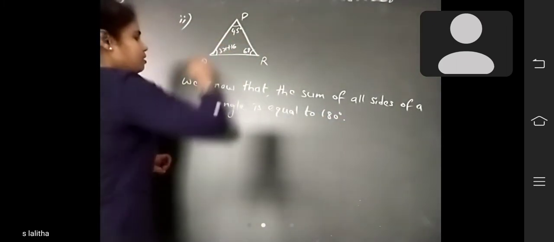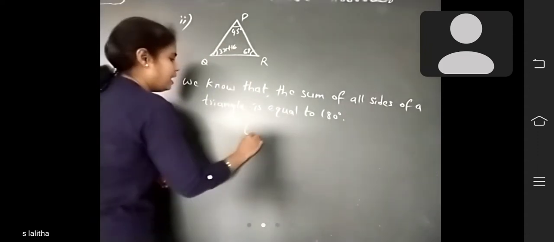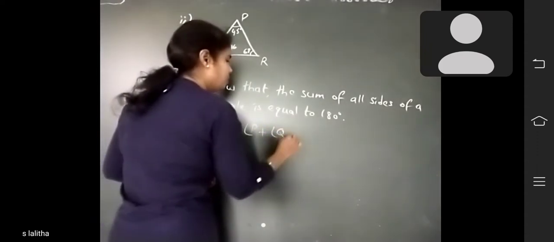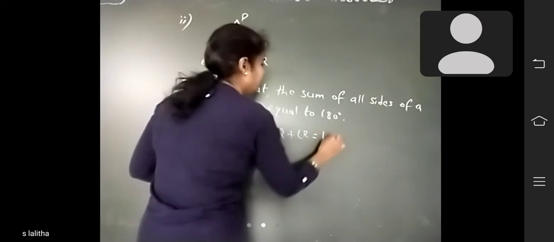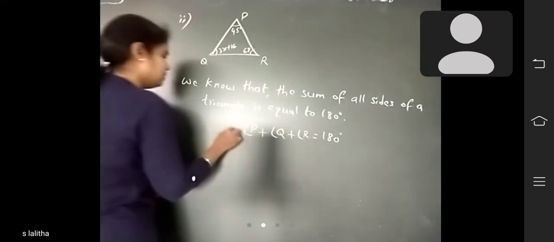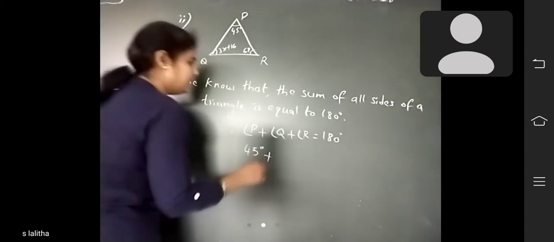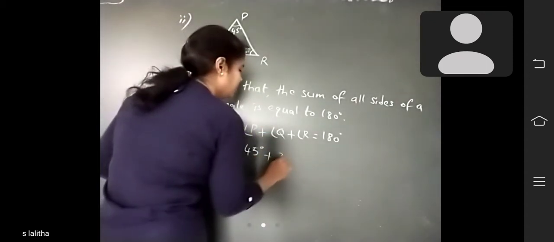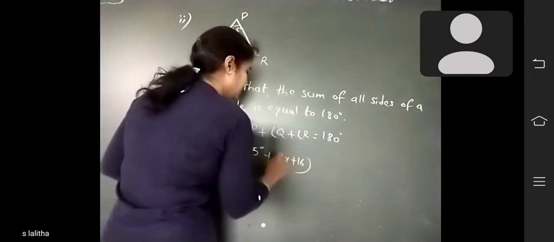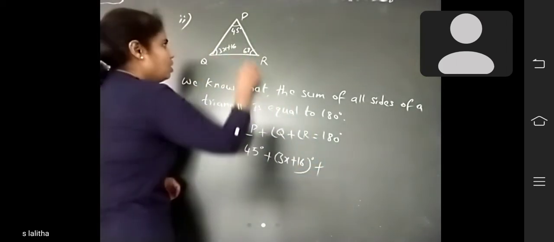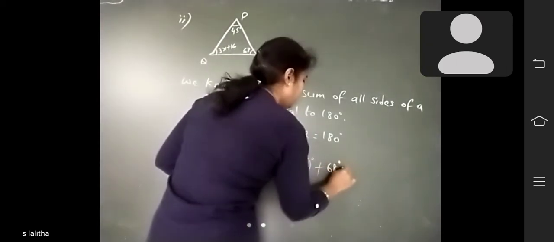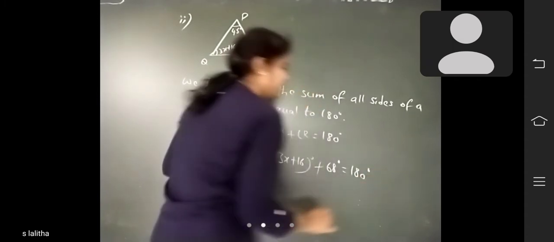Now all angles, if you add angle P plus angle Q plus angle R equal to 180 degrees. So what is angle P? 45 degrees. Plus angle Q? 3x plus 16 degrees. Plus angle R, how much? 68 degrees equal to 180 degrees.